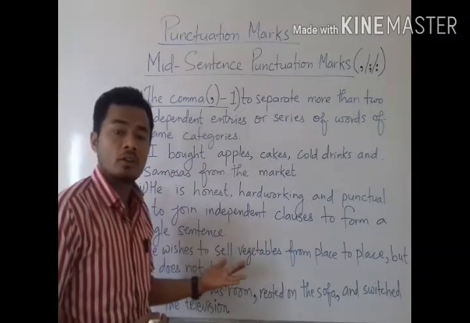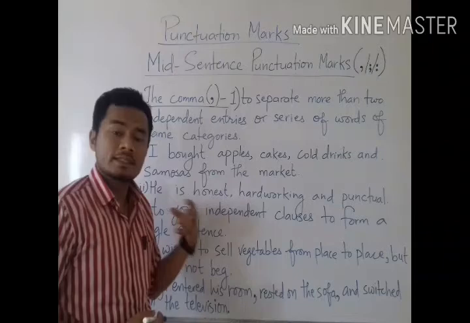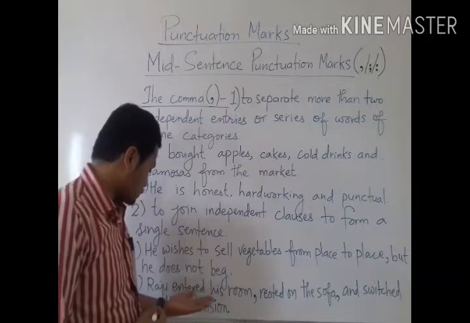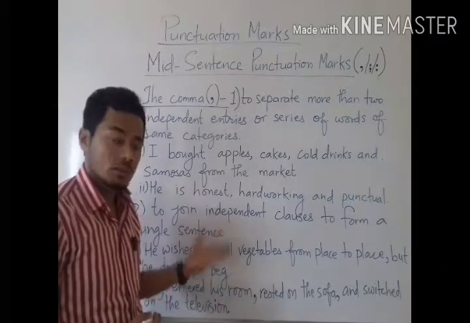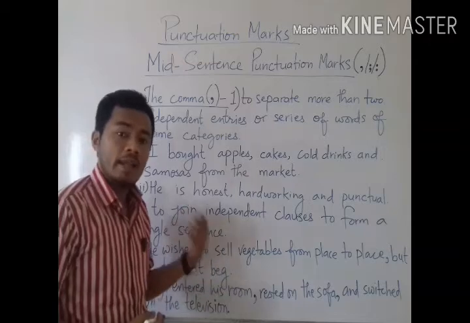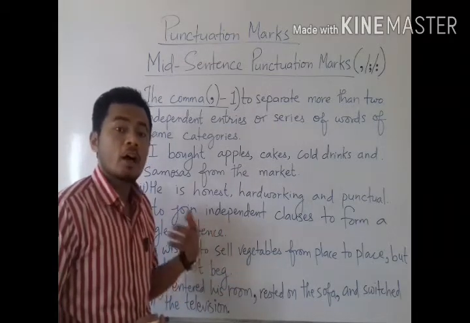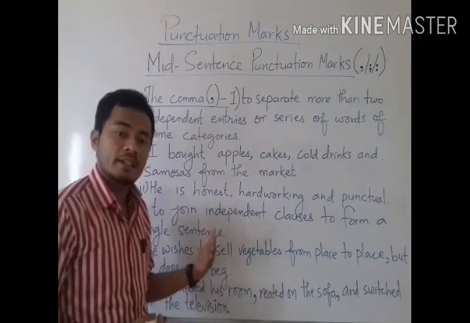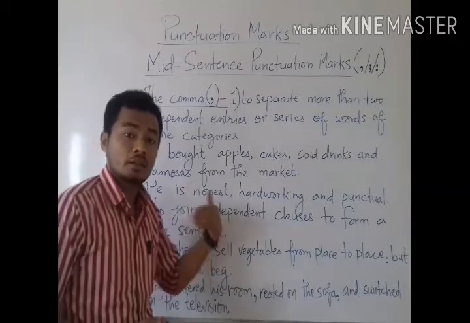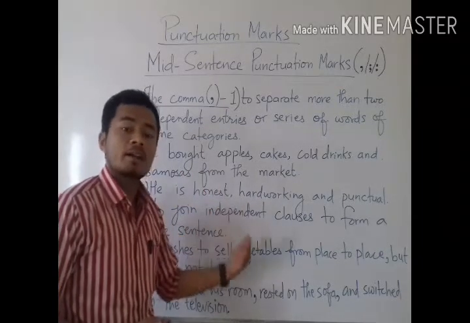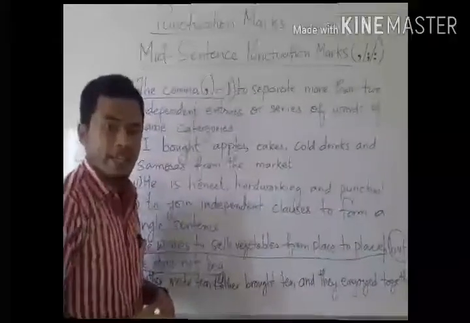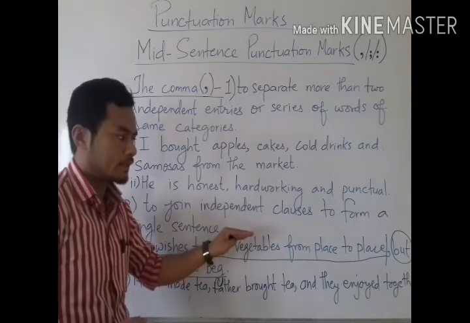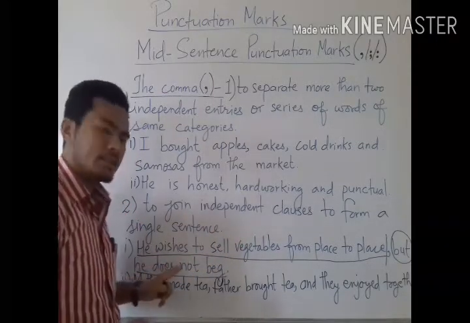If a number of independent clauses are used to frame a single sentence, then we use comma to separate them, so that while reading there is a pause, and the listener comes to know that the punctuation mark comma is used there. Just take this example: He wishes to sell vegetables from place to place, comma, but he does not beg.